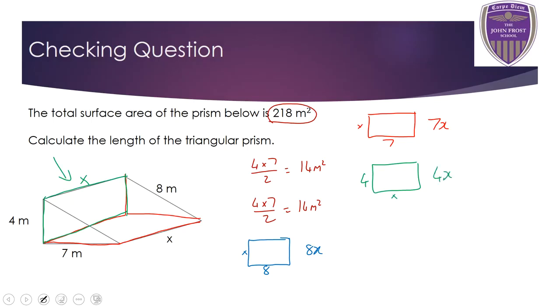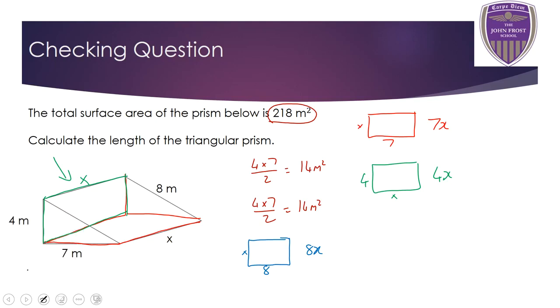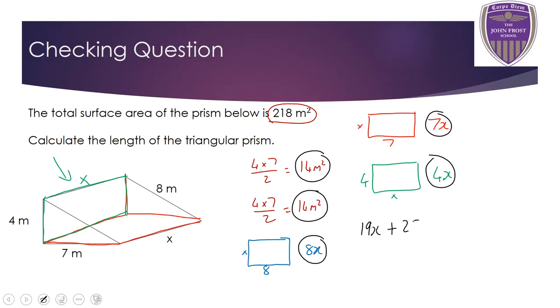So now we need to add up our areas in total. So we've got here 14 meters squared and 14 meters squared. That's 28 meters squared. And then we've got 8x plus 7x plus 4x. So we can collect those terms together as well. So 8x, add 4x, add 7x in total gives me 19x. 14 and 14 is 28.